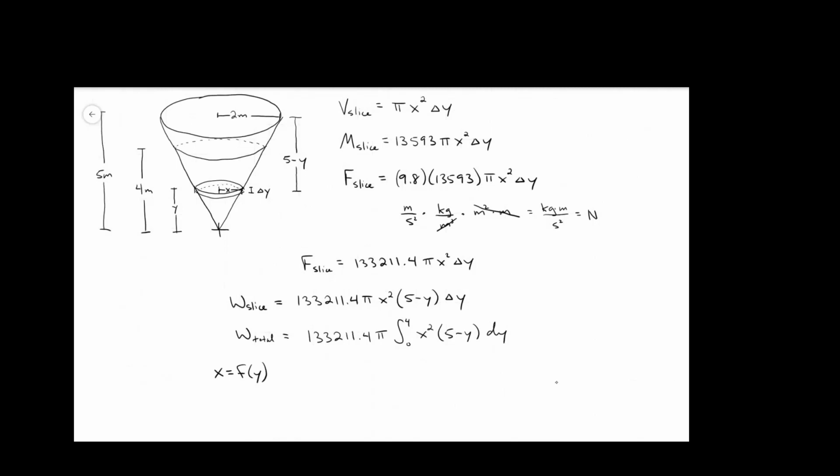And what we know about this function is that f of y is linear. Why is f of y linear? Well, it's linear because if you look up at the sides of that thing, they're straight sides.